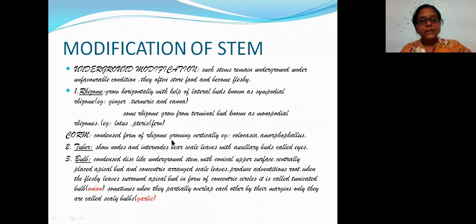Under bulb there is another subdivision called tunicated bulb, and onion is the example of that. But garlic you can easily take out, because the leaves are just partially overlapping, not completely merged or making concentric circles as in onions.